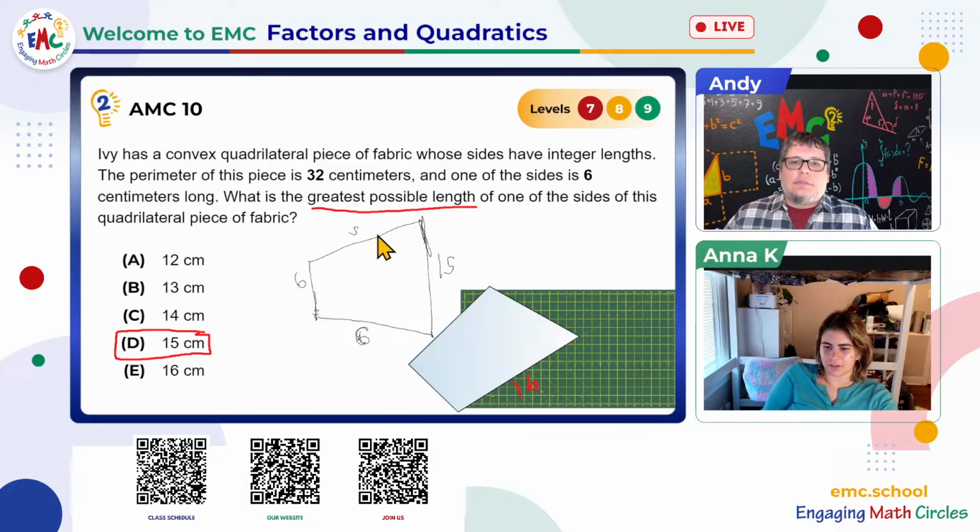I was thinking triangles. How big is 6 plus 6 plus 5? That's 17, and that's bigger than this, right? So is it safe? I think so. So it's the biggest possible because it was possible.